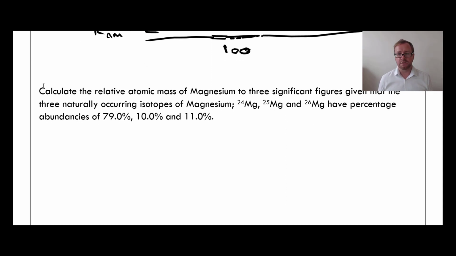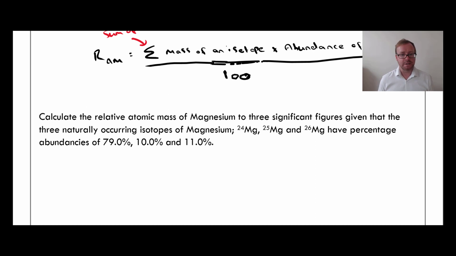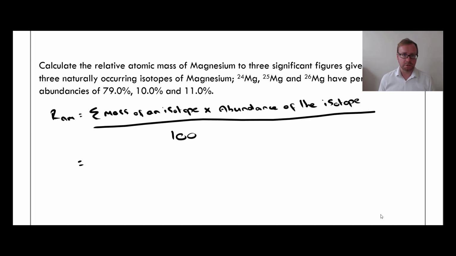Right, so your turn. Calculate the relative atomic mass of magnesium to 3 significant figures, given that the 3 naturally occurring isotopes of magnesium, 24, 25 and 26, have percentage abundances of 79%, 10% and 11%. Okay, I'll give you a couple of minutes. Okay, so I'm sure you've been able to work this out, so I've just written out my formula again.